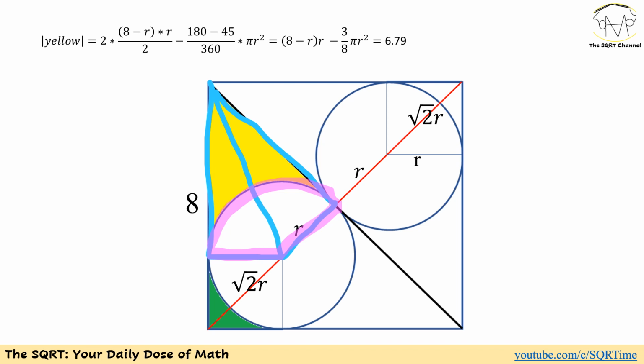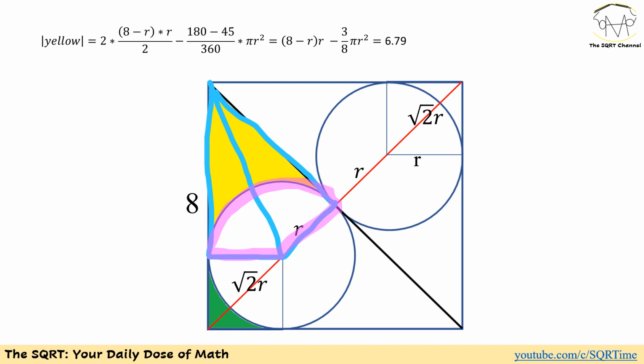One of the sides is r and the other side is 8 minus r. So the area of this right triangle is going to be (8 minus r) times r over 2, and then you multiply that by 2 to find the whole area.